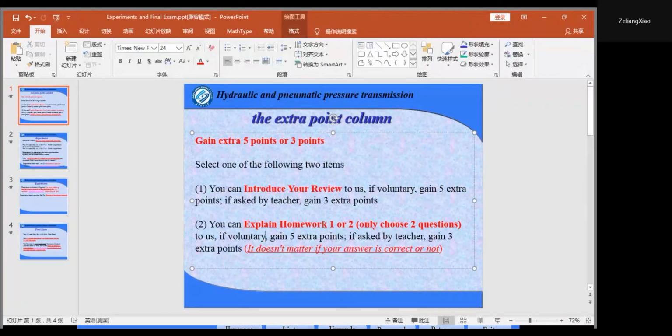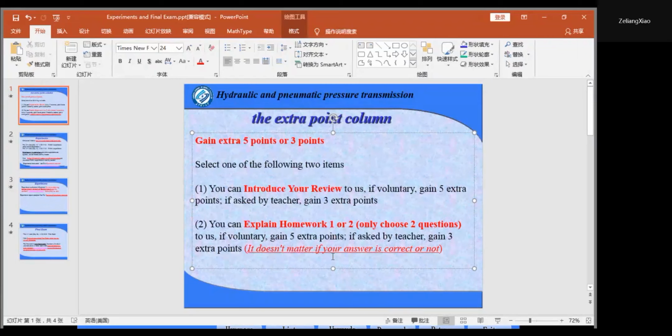In homework 1 we have 4 questions, and in homework 2, we have 3 questions. So you only choose 2 questions and then explain how you solve these questions to us. If you volunteer, you can gain 5 extra points, and if I ask you to do this, you can gain 3 extra points.